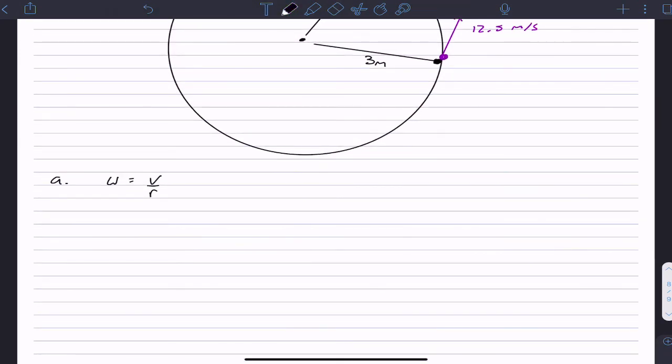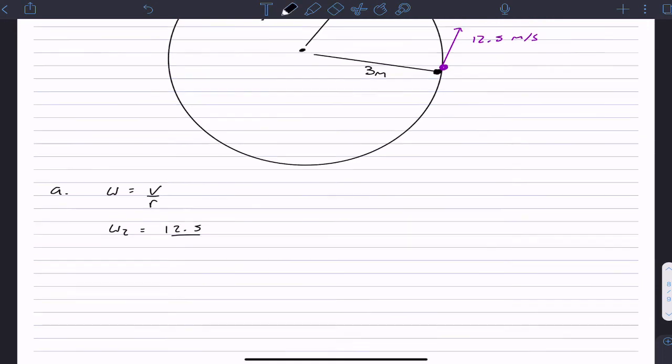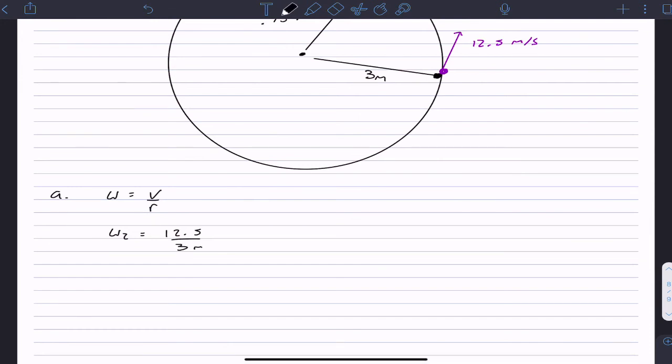So for child 2, we have 12.5 divided by the radius, which is 3 meters, and that gives you 4.16 radians per second.